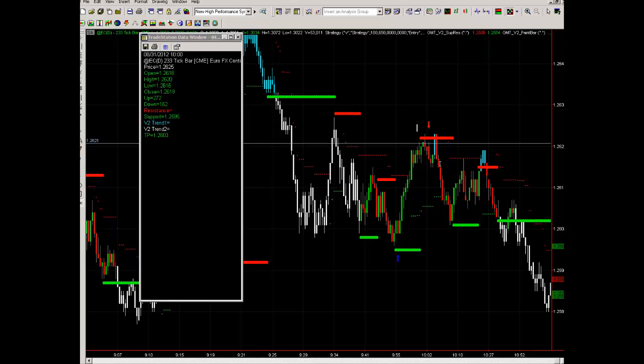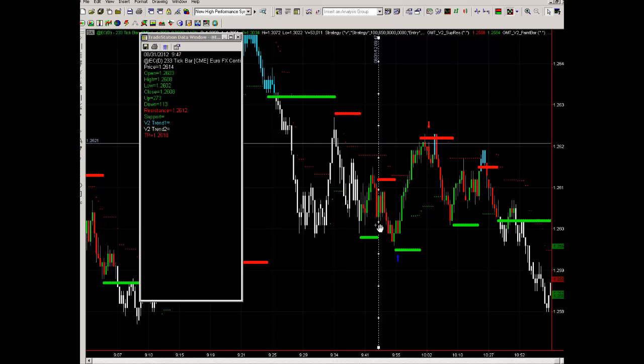Now that worked okay, but what we found worked even better was to automatically have a setting where, once you've lost the trend, the first print of resistance after you've lost the trend is where your trade starts taking entries. It takes entries based on that first resistance dot.